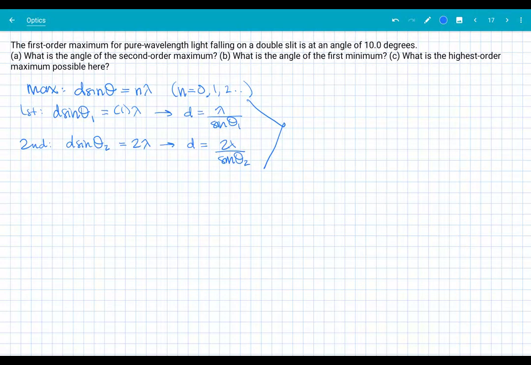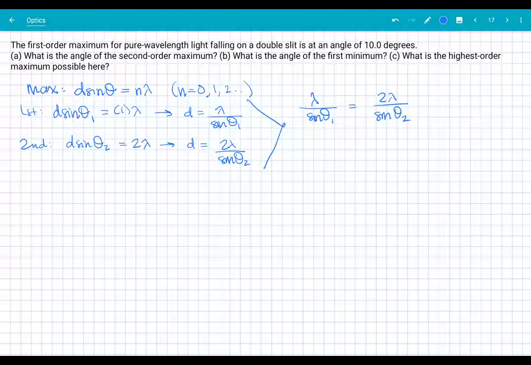So what I can do is set those equal, because again, the slit separation doesn't change, and I can say lambda over sine theta 1 equals 2 lambda over sine theta 2. Then I'm able to do a little algebra and get this relationship: sine theta 1 over sine theta 2 is equal to 1/2. My lambdas go away there.